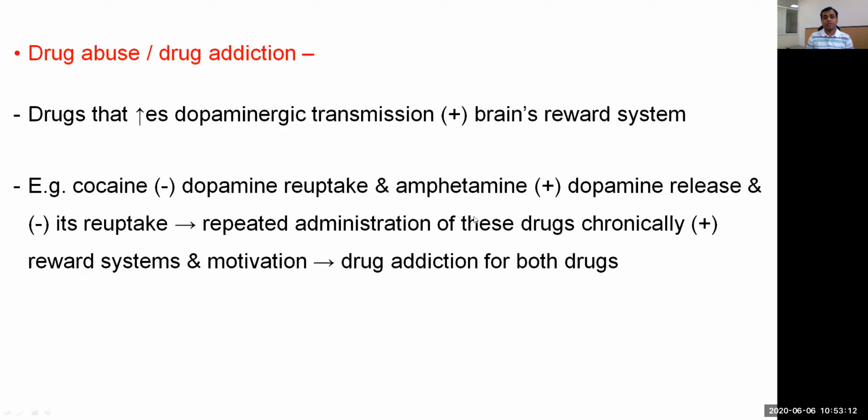Repeated administration of these two drugs chronically stimulates the reward system of the limbic part of the brain and causes motivation. Therefore, cocaine and amphetamine are very potent agents for addiction.